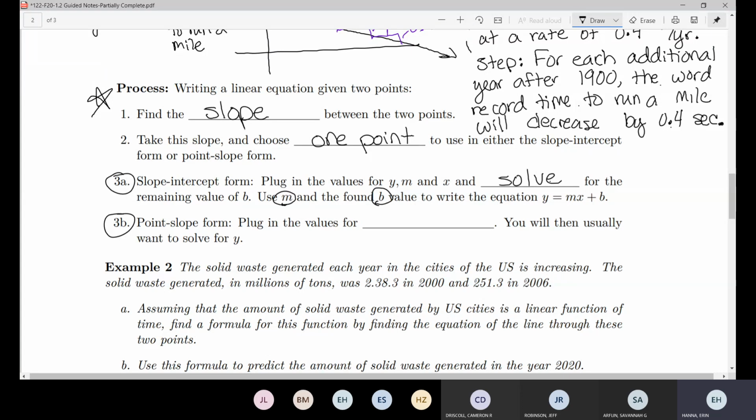If you use point slope form, you're going to plug in the values for the slope m, x naught, and y naught. Whatever x naught and y naught is going to be the point that you use. That's the notation I use in point slope form, so that's what I'm going to use here. You will usually then want to solve for y, and some people go a step farther and solve it so that it looks like y equals mx plus b. I'm not a big stickler for one over the other. Wiley might be.